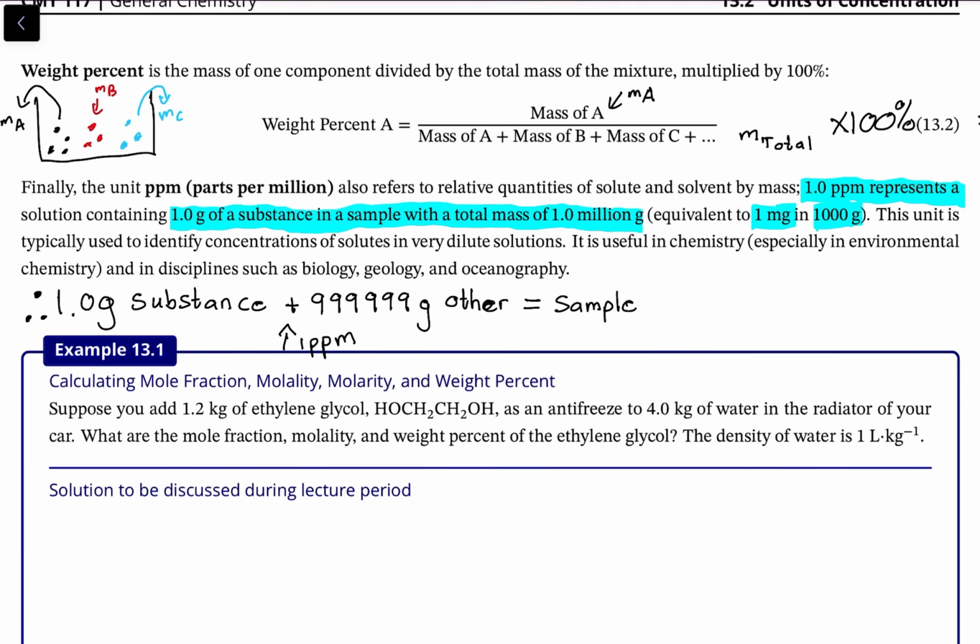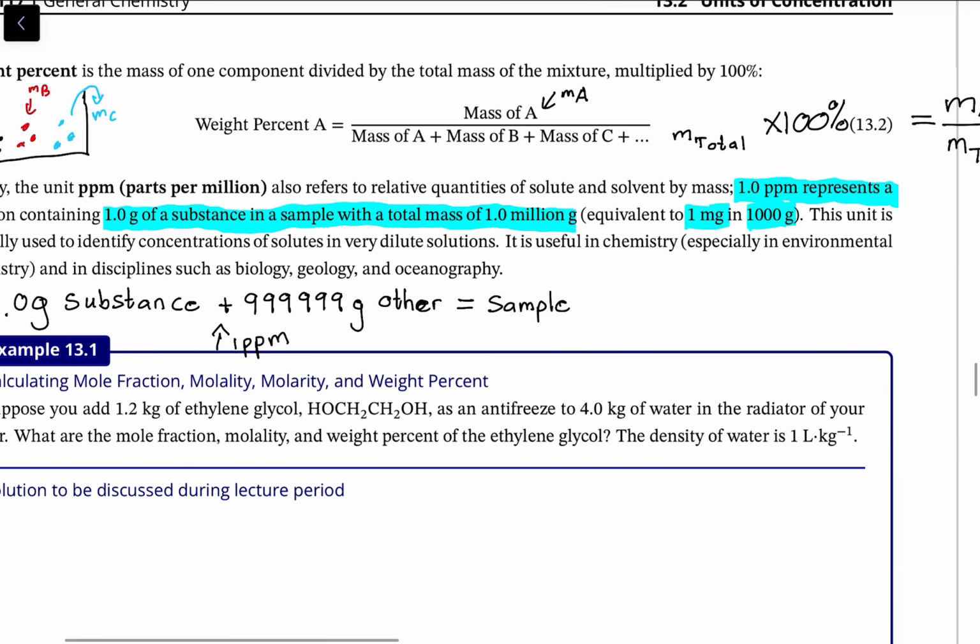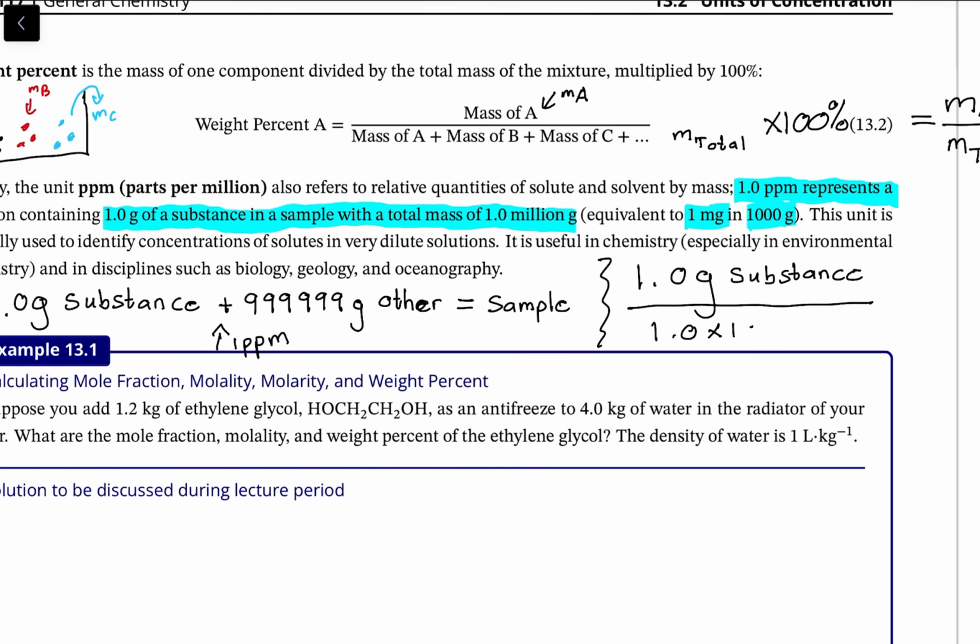You can also write it as a ratio, if that helps a bit more. You can write it as 1.0 gram substance per 1.0 times 10 to the power 6 gram sample.